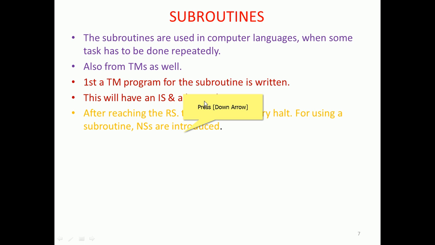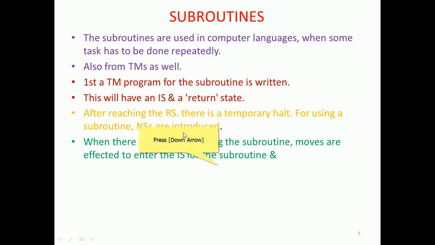After reaching the return state, there is a temporary halt, an ad hoc halt. For using the subroutine, new states are introduced, and the next state is going to be the initial state of the subroutine.